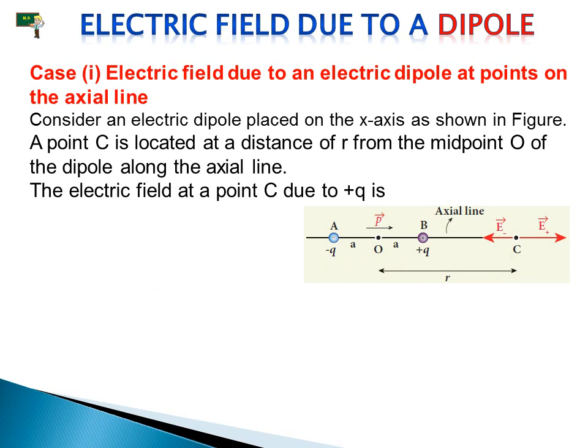Now we are going to see the electric field at point C due to plus q. That means the distance from B to C. What may it be? E plus vector is equal to 1 by 4 pi epsilon 0 into q by (r minus a) the whole square into p cap. Why do we get here r minus a?